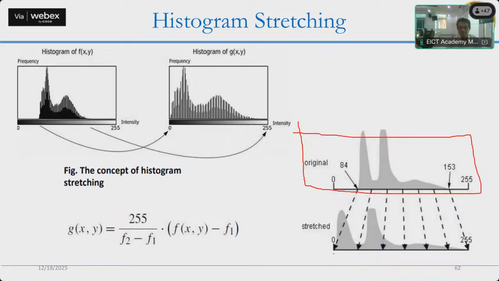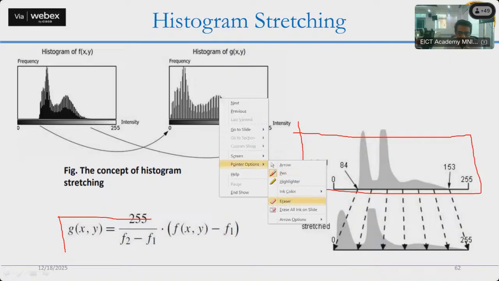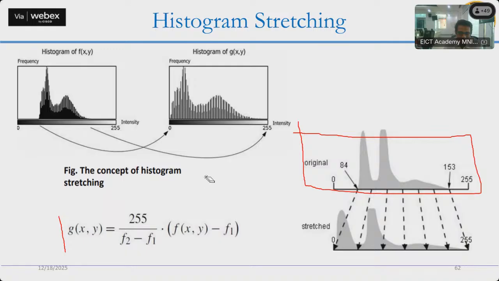Is everyone with me? See, you see this value. This is the one.